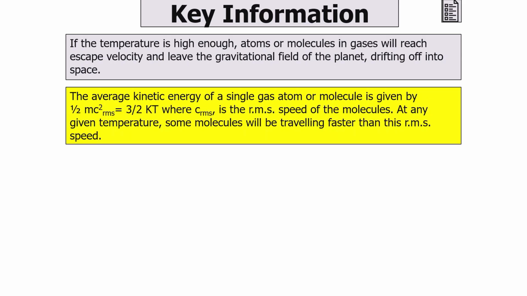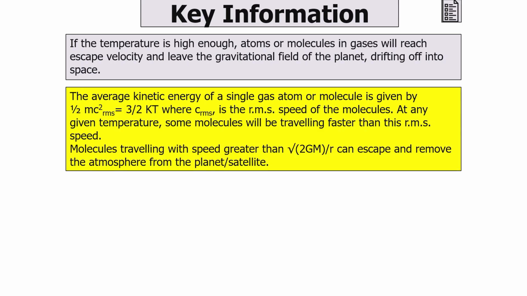The average kinetic energy of a single gas atom or molecule is given by half m c RMS squared, where c RMS is the root mean square speed of the molecules, which is also equal to 3 over 2 kT. This tells us that at any given temperature, some molecules will always be travelling faster than the RMS speed. So there will be molecules travelling faster than the square root of 2GM over r, and therefore escaping, and this will actually remove the atmosphere from that planet or satellite.